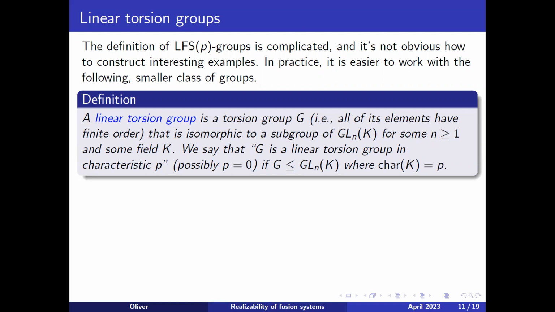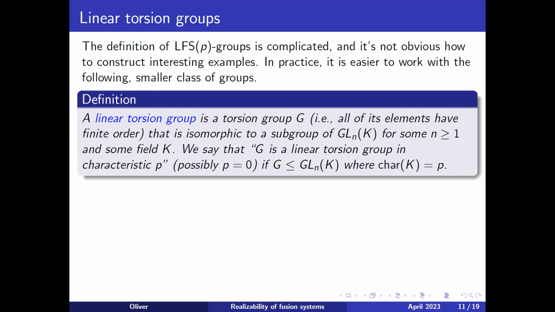So linear torsion group means all elements have finite order, and linear just means isomorphic to a subgroup of GL_n(K) for some field K. And so the characteristic of K plays a role now and then.